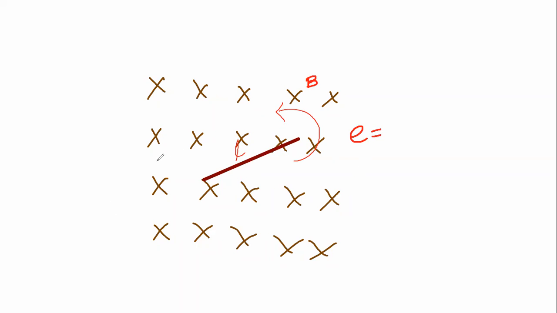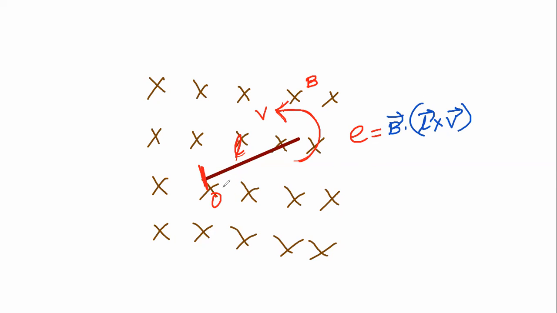The strength of the magnetic field is taken as B, and the velocity of this rotation is taken as V. Length of the rod is taken as L. About the point O, we are rotating this rod of length L. So induced EMF E is equal to B into L cross V, we may write L bar cross B bar.